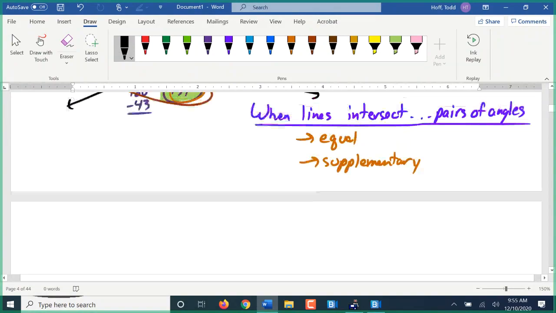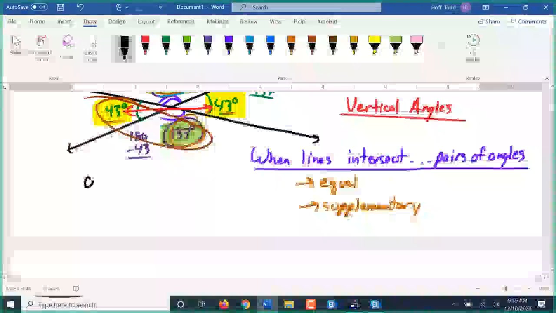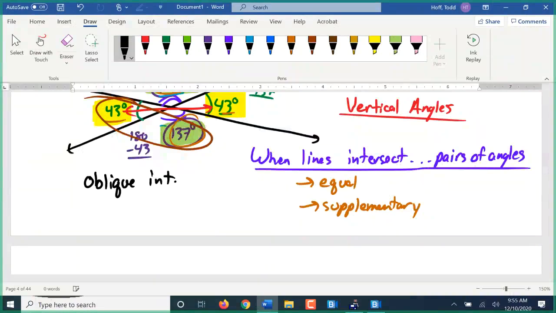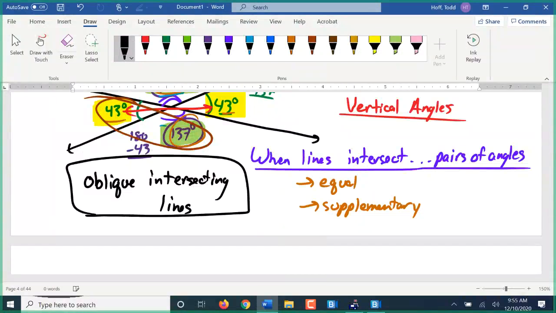This, by the way, is what is referred to as oblique intersecting lines. Now, in two dimensions, all oblique pairs intersect. In three dimensions, like if you think of this arm as a line and this arm as a line, they don't intersect, but they're still oblique. And we'll further define oblique here over the next few minutes.